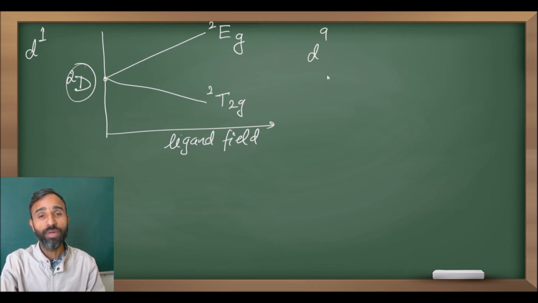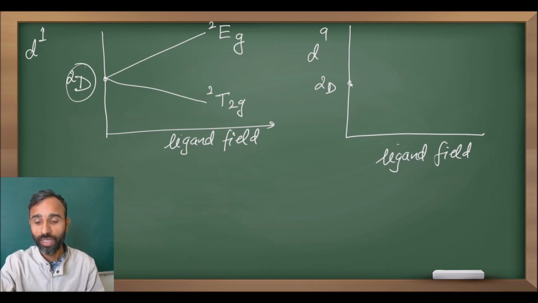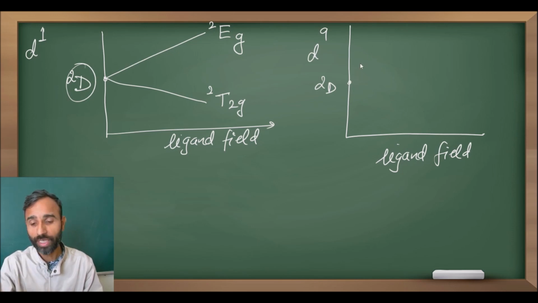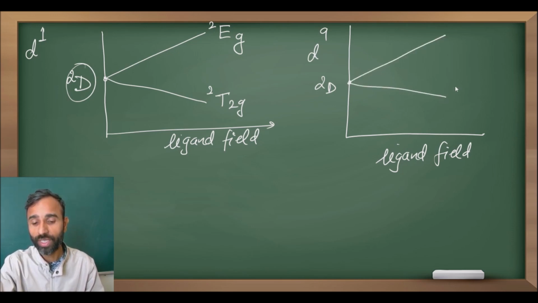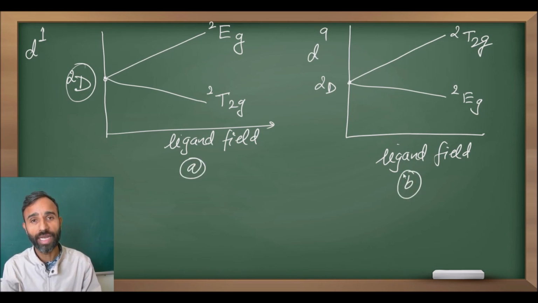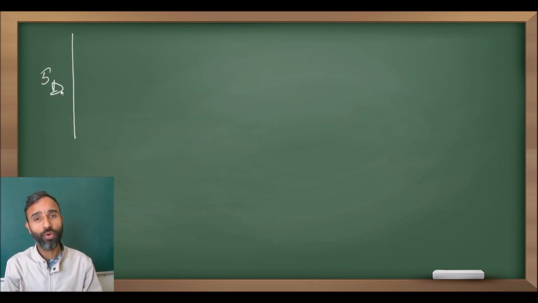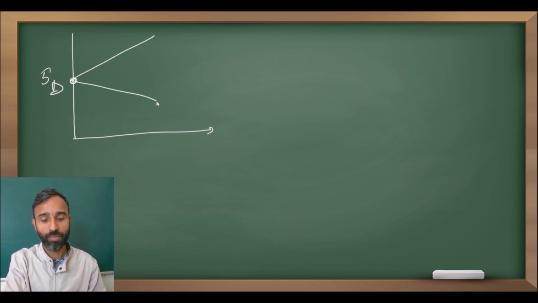And if we have D9, it is again 2D, but now it is the other way around. Why is it so? Because it seems like a promotion of the hole from EG to T2G. That's why now it is 2EG to 2T2G. So this is D1, this is D9. Now D4, it is 5D. So they again split.